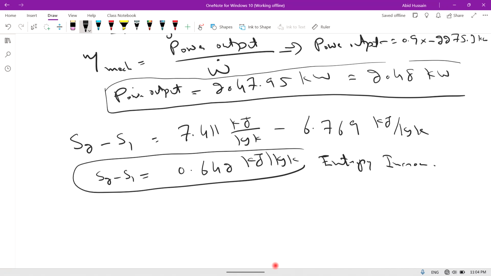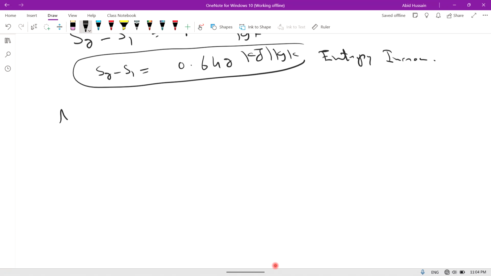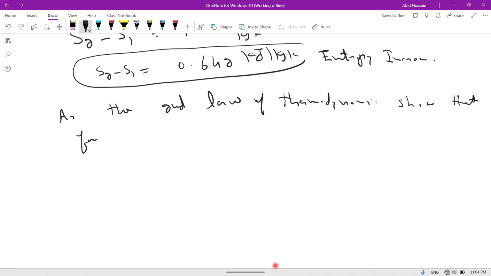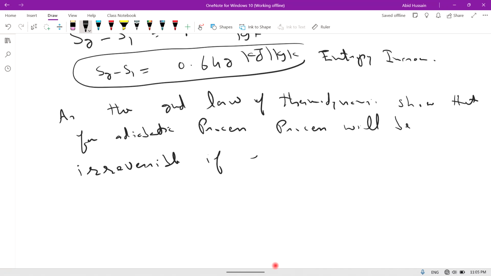And one requirement is to show that the process is irreversible. So by the second law of thermodynamics, an adiabatic process will be irreversible if entropy increases or remains constant.